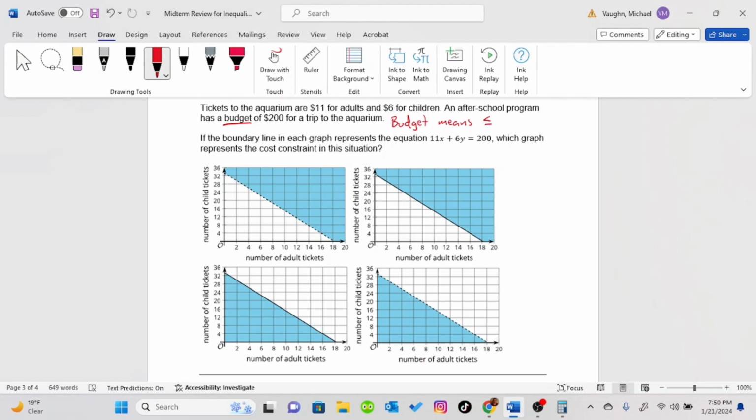So less than means we want the region below the line, less than, and equal to is the line.